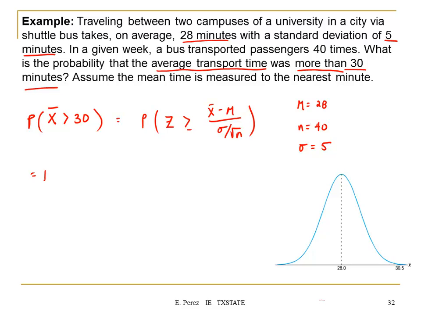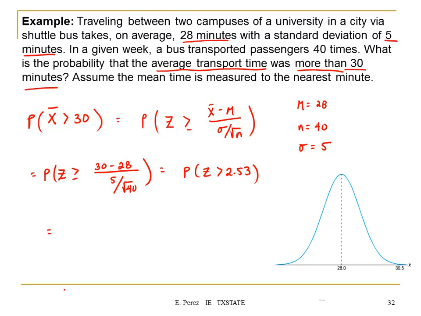So from here we have the probability of z being greater or equal to 30 minus 28 divided by 5 over the square root of 40. And this is equal to the probability of z being greater than 2.53.